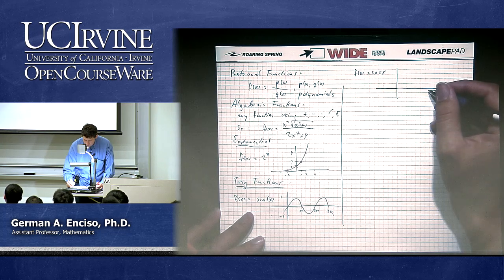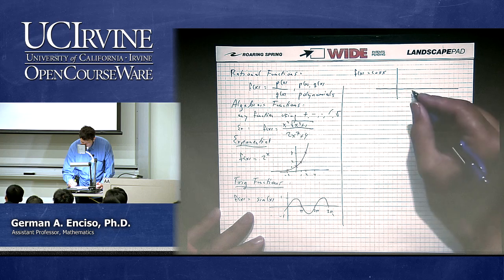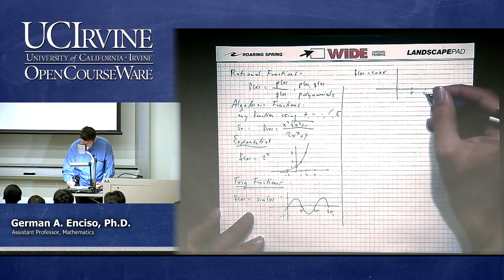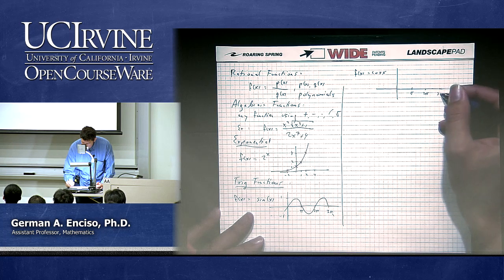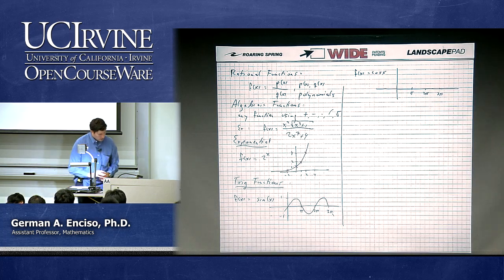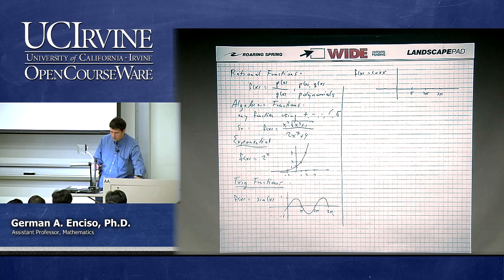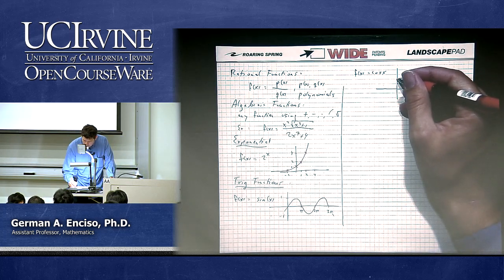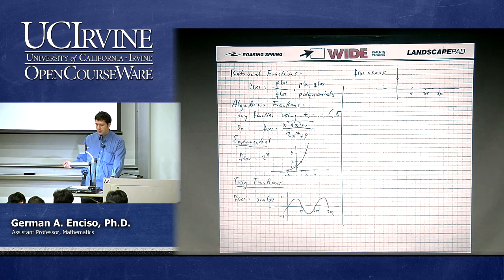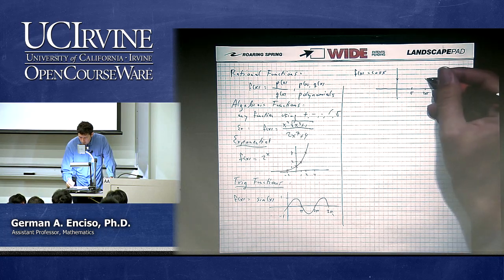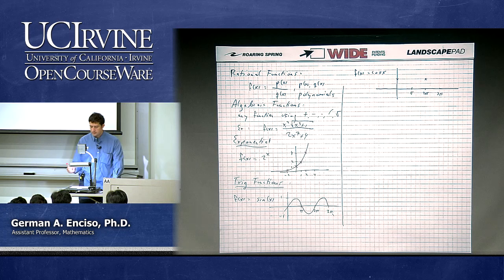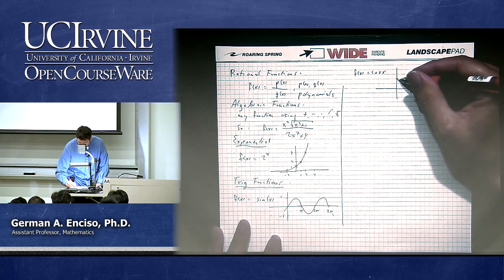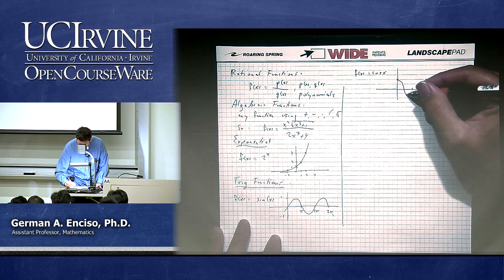So let's see, I'm going to draw again pi and 2 pi and 3 pi. And as it turns out, cosine of 0 is not 0 but 1. Okay? And cosine of 2 pi is also 1. So I'm going to essentially go down here and then go back up.